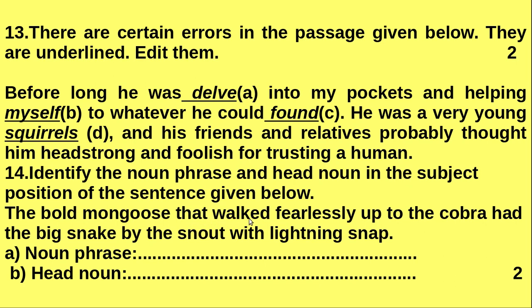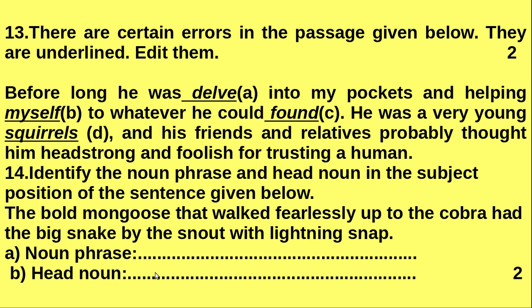It is a part of that. Fearlessly up to the cobra had, this is the main verb. So up to this you have to write as the noun phrase: the bold mongoose that walked fearlessly up to the cobra. From had the big snake onward, that is the verb phrase. And which is the head noun? Here it is about the mongoose, so mongoose is the head noun.